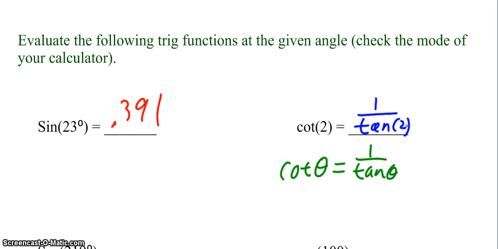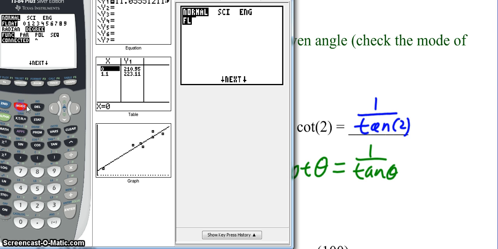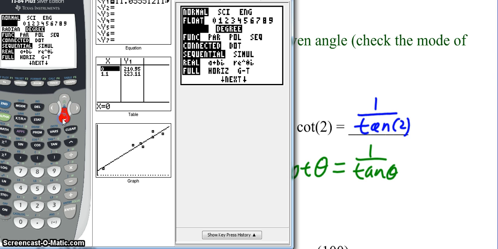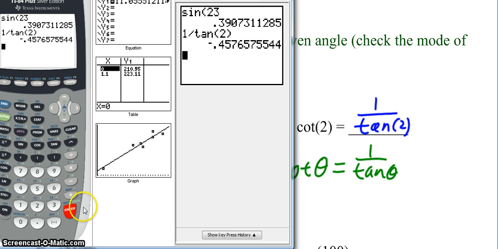So on my calculator here I'm going to change to radian mode, since notice there's no degree symbol, so that means we're dealing in radians. So I go to mode, go to radian, I hit enter, I quit, and I type in 1 over tangent of 2. So the cotangent of 2 is going to be negative 0.458.